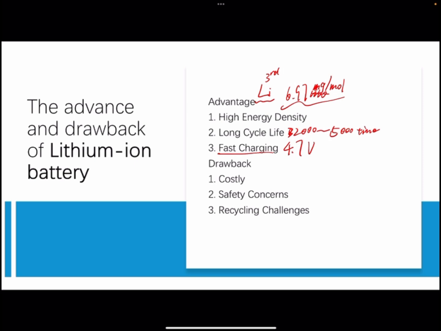It also has some safety concerns: overcharging and overheating can make the battery explode. That's why our parents warn us that we can't play with our phone while charging it, because it really can explode. The most famous example is the Samsung phone several years ago. It's very famous, and at that time almost nobody in my country bought a Samsung phone.